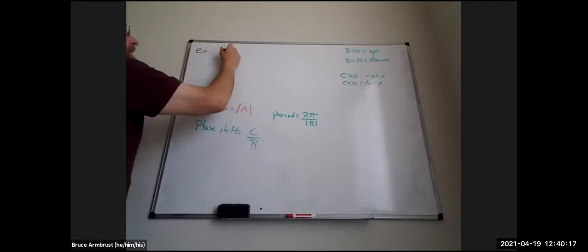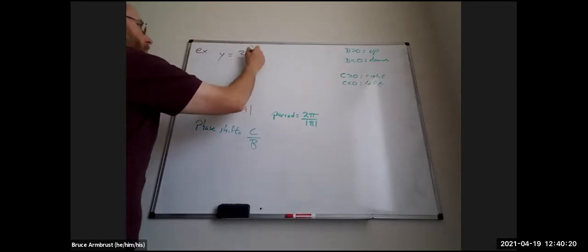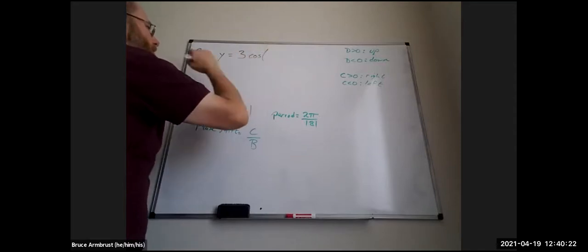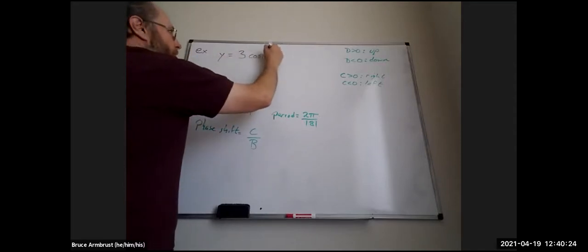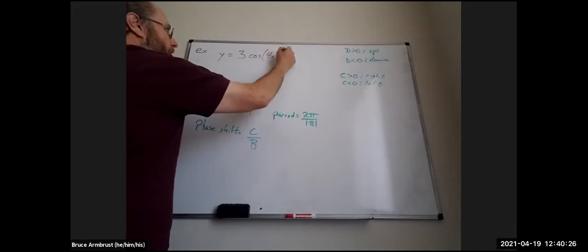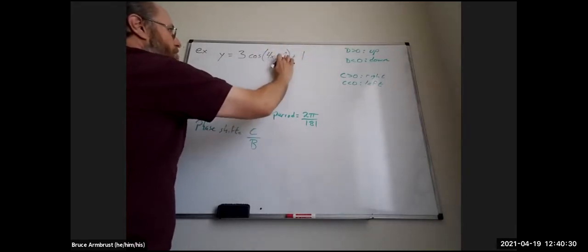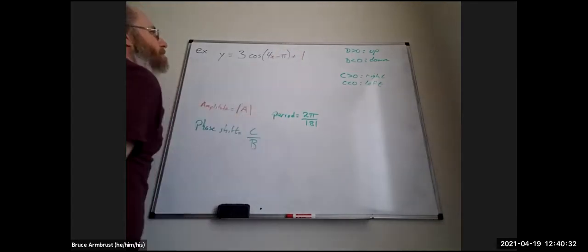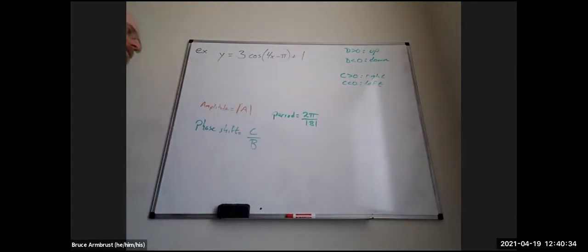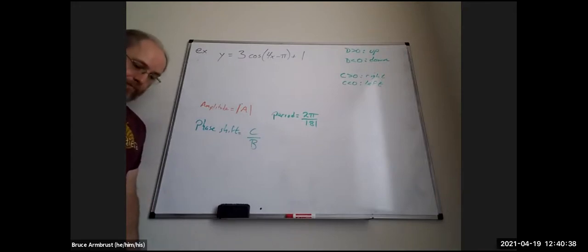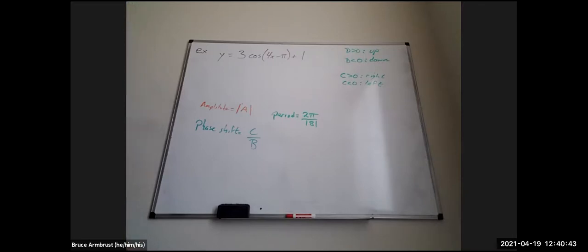Let's say we've got y equals 3 cosine of 4x minus pi, plus 1. So here's an example that's got everything in there. So let's see what this tells us, and then we'll put it together into our graph.